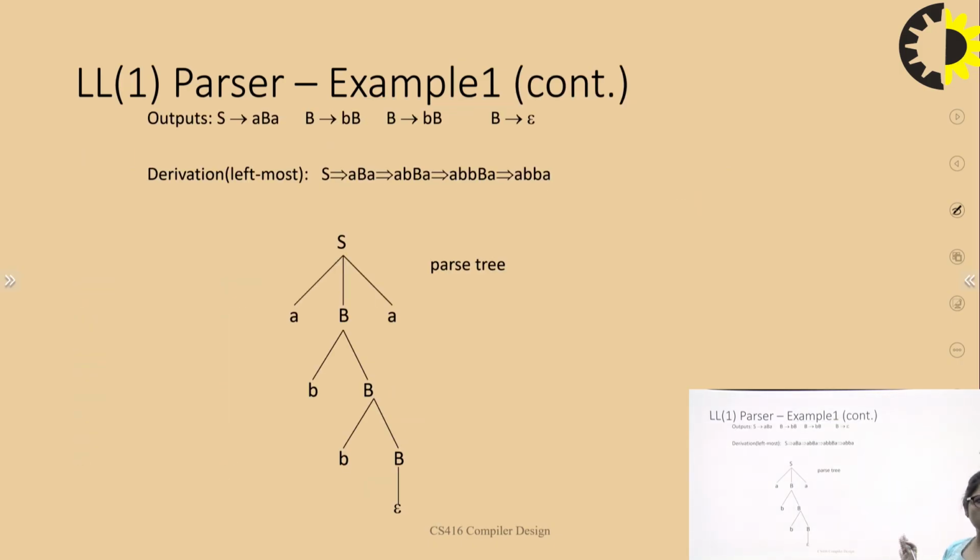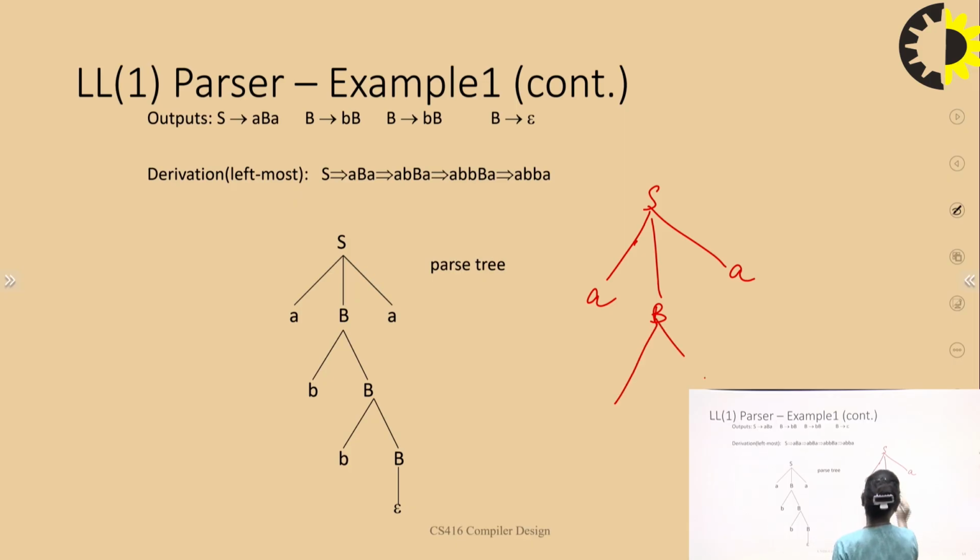This is the derivation of that particular parse tree. If you want to derive a parse tree for this particular string, the starting symbol is S. And we have the production S derives BA, right?